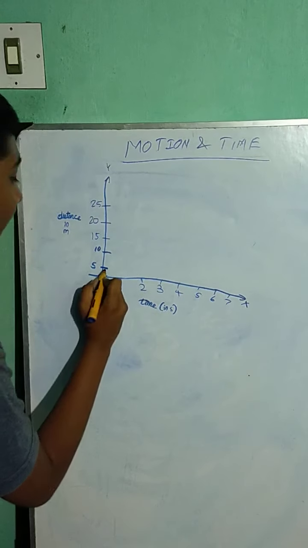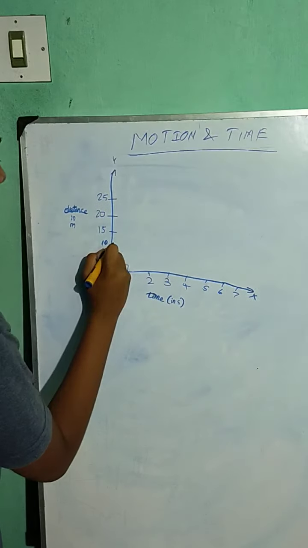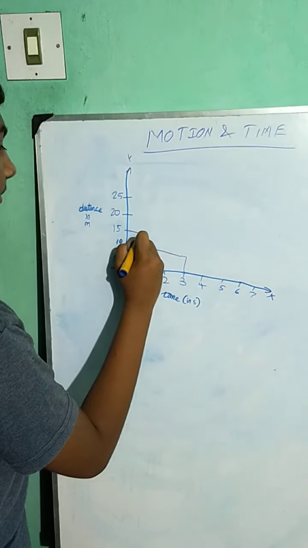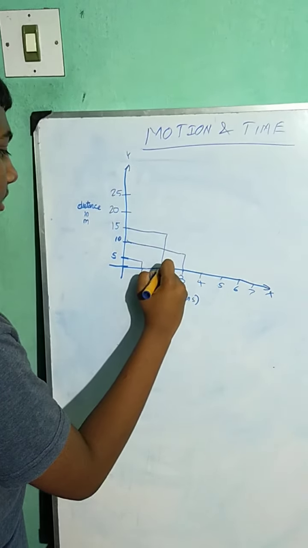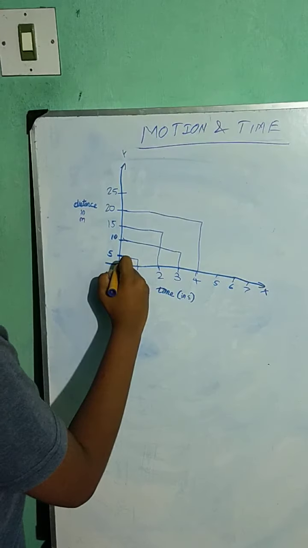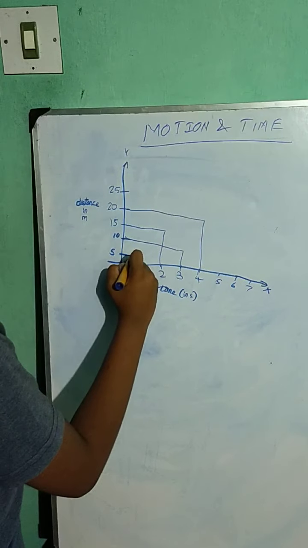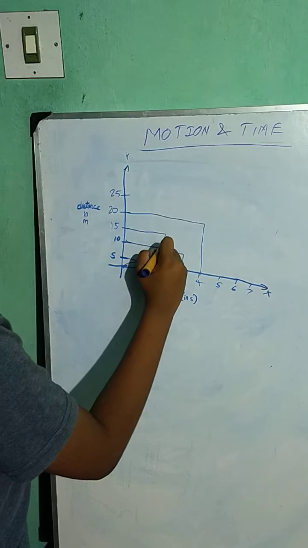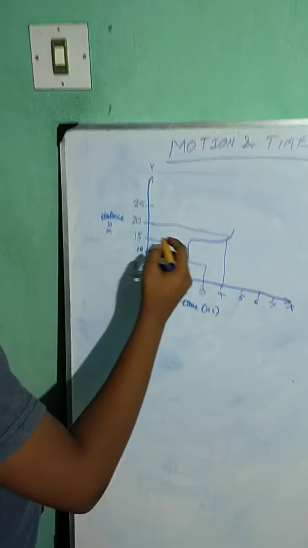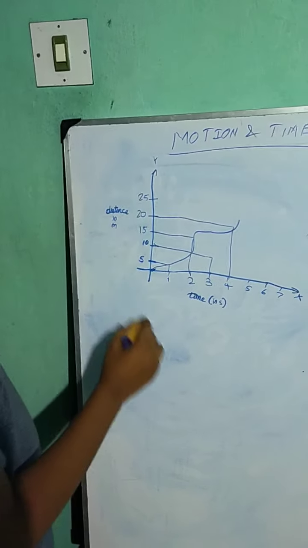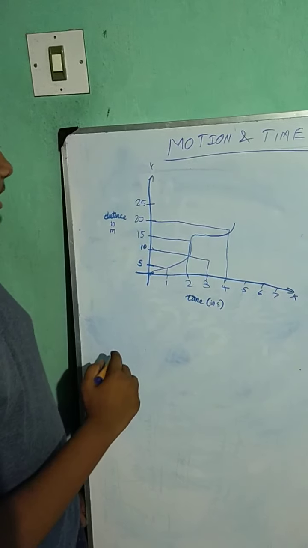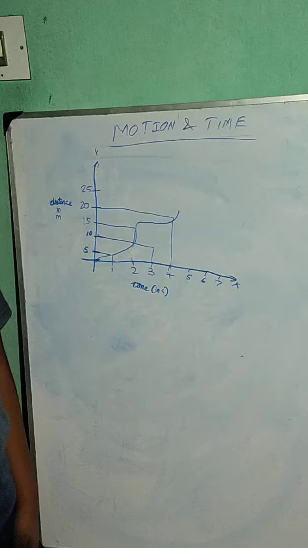Now a man travels 5 meters in 1 second, 10 meters in 3 seconds, 15 meters in 2 seconds, and 20 meters in 4 seconds. Now it is not constant, it is going in a different way. So this is an example of non-uniform motion. The speed is not constant. So this is an example of a distance time graph for non-uniform motion.